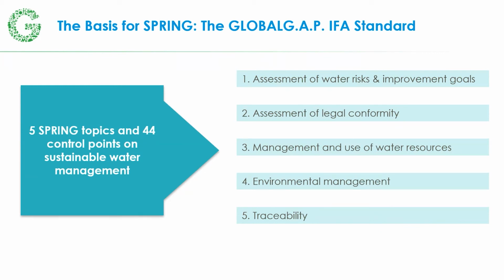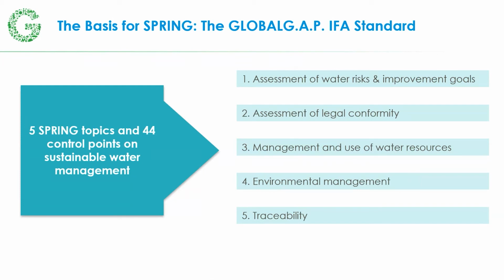One clarification that I want to give you here. Some of the requirements you can see are the same as in IFA. And some people say, okay, but if it's in IFA, why do I have it again in spring? Most of the requirements that look the same ask for something more, like the risk assessment that explains which topics you must consider, or, for example, the water permit.